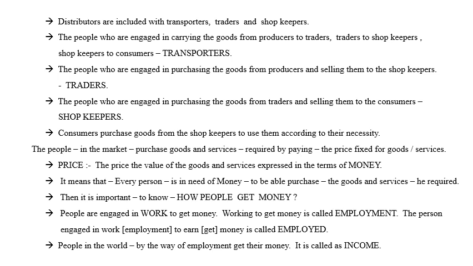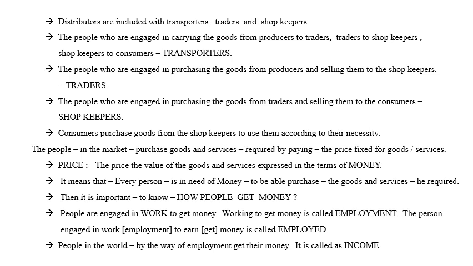So you are purchasing that pen to make the best use of it to write notes and other things. This is how you are the consumer of the pen. You have purchased the pen from the shopkeeper. The shopkeeper purchased the pen from the trader.